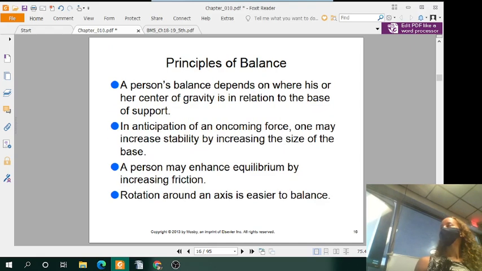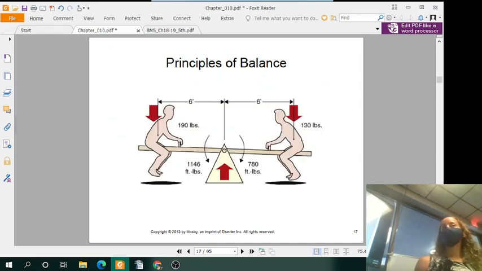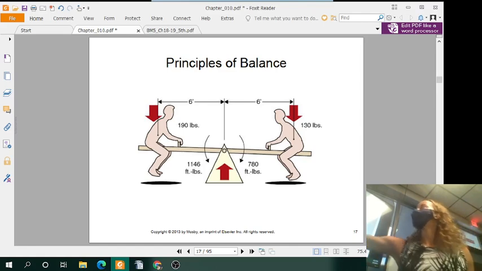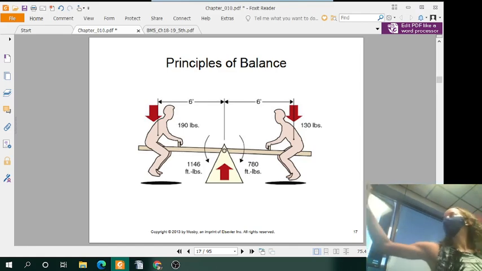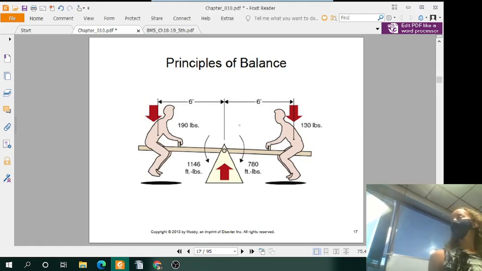All right. Different principles of balance. We have the seesaw. Here's the fulcrum, the axis of rotation. If we have someone who's lighter, they need to move which direction? Closer or further from this axis of rotation?